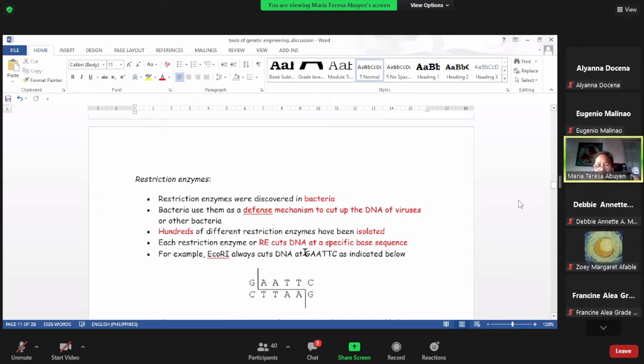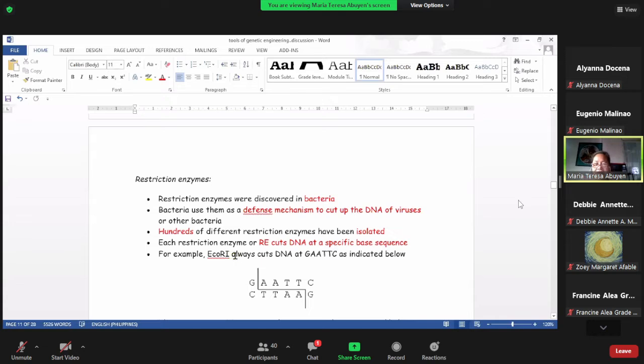It recognizes this sequence. Meaning, if a DNA does not have this base sequence, then EcoR1 will not cut it. That's how specific the enzyme is.